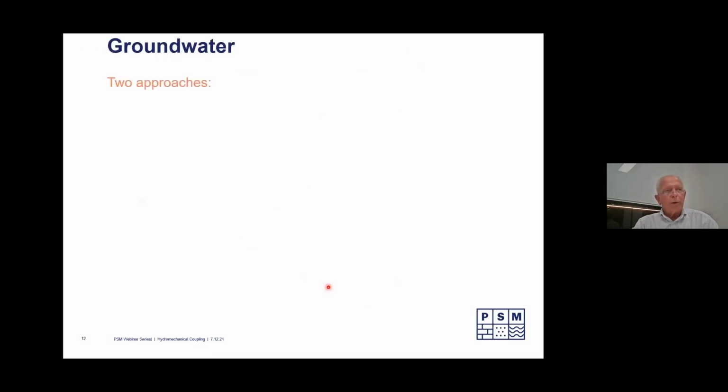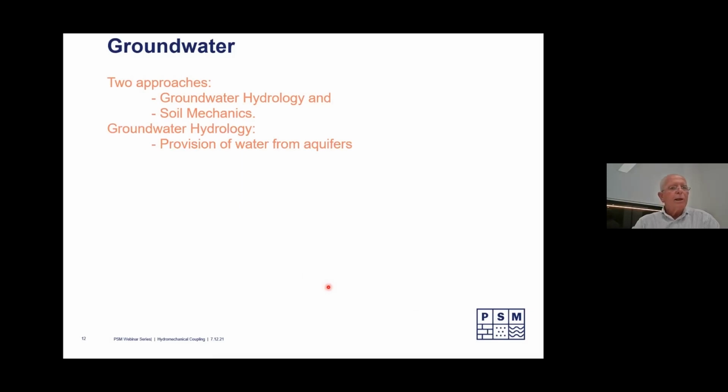Now let's deal with groundwater. We normally talk in geotech engineering about groundwater hydrology, but groundwater is also covered in soil mechanics. In terms of groundwater hydrology, it's usually about provision of water from aquifers or dewatering of an excavation, and the simple transmissivity, which is the permeability times how thick the aquifer is carrying that water.